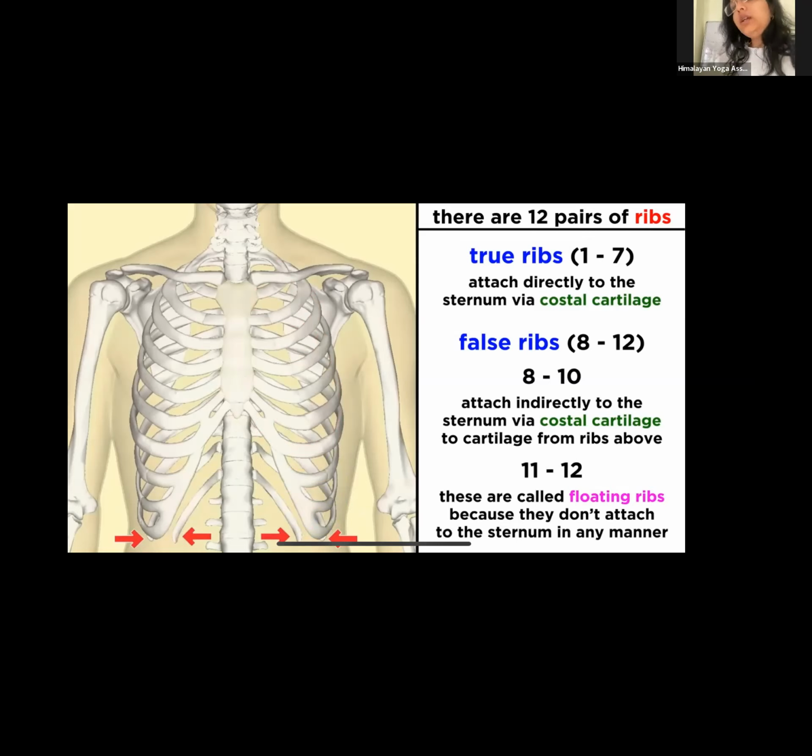So this rib cage is forming a cage-like structure which is protecting our lungs and our heart. And these ribs, they are originating from the vertebral column. Okay, you see here. It is visible. They are originating from the vertebral column.